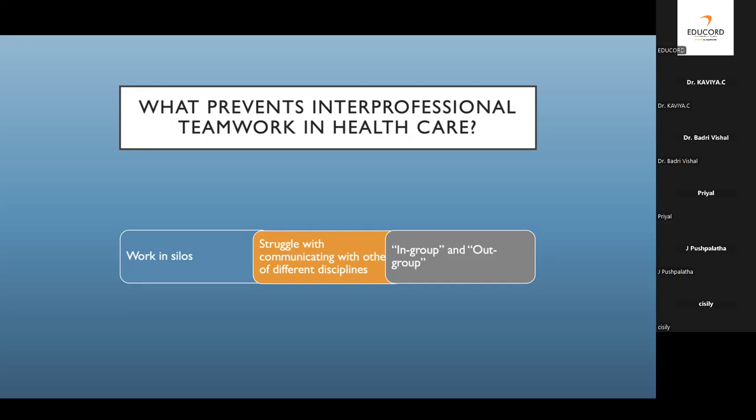Now this is not the case if you are willing to work in a team in a healthcare setup. You need to give up all these things. Because of all these hierarchies and silos, there is this gap of not having proper communication in teamwork. Is that clear to everyone?